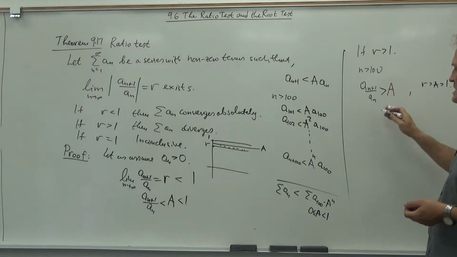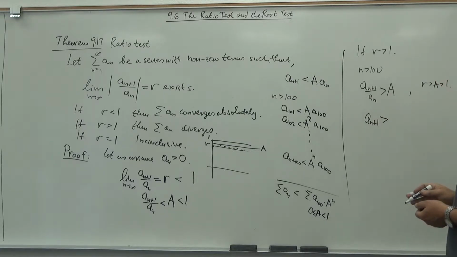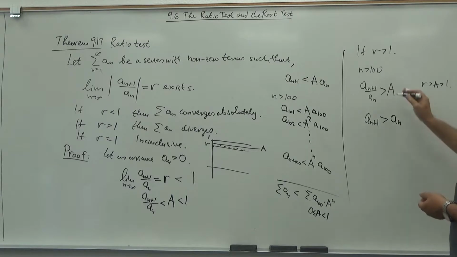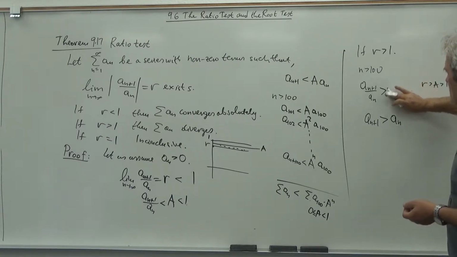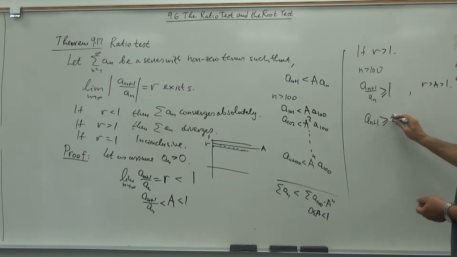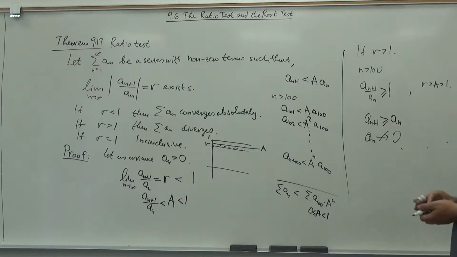But what does that mean? That means that a_{n+1} is greater than a_n. I don't even need a, it's just greater than or equal to 1. So that means your numbers don't go towards 0, they either stay the same or increase. So a_n does not approach 0, so you cannot have convergence.